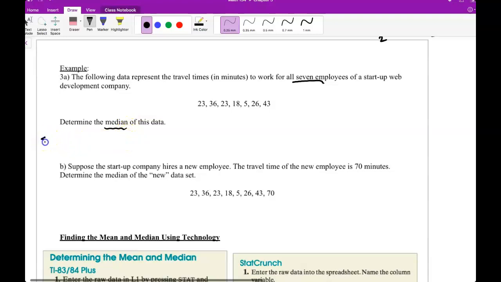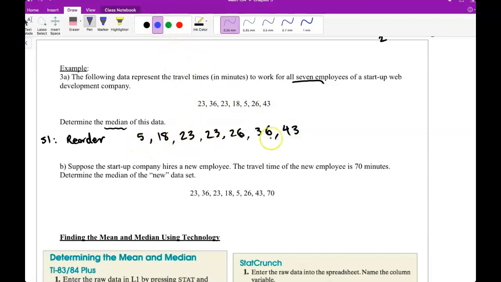First step, step 1, reorder. It should be in ascending order. The smallest one is 5, then after that we have 18, 23, 23, 26, 36, and 43.